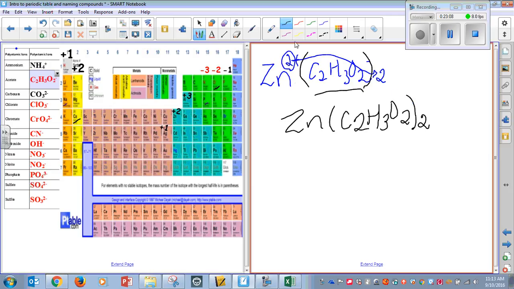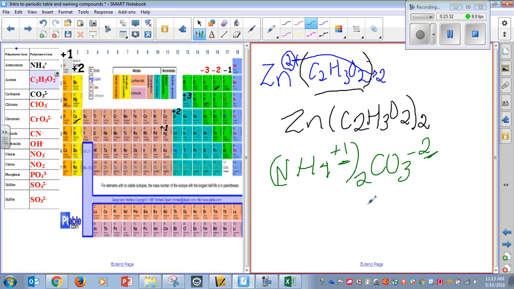And what if I wanted to use ammonium and carbonate? Ammonium is NH4 plus 1. Carbonate is CO3 negative 2. So plus 1, negative 2, I need to have 2 NH4s.